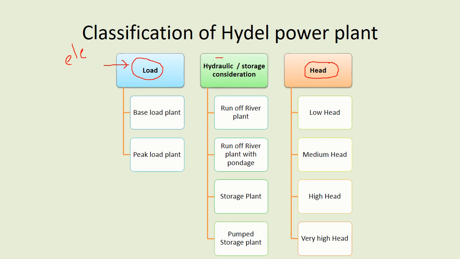Before understanding what a base load and peak load are, you should understand what a load actually is. If you look at the ratings of a power plant, you might have seen that the rating is in kV and megawatt. A plant can be rated in kilowatt, kilovolt and megawatt.